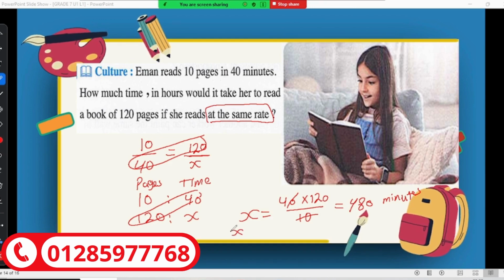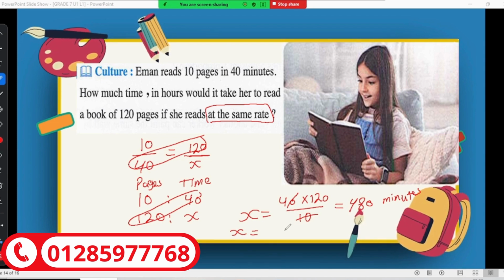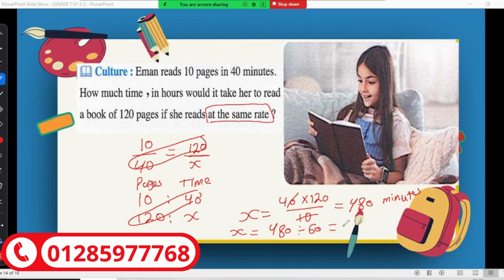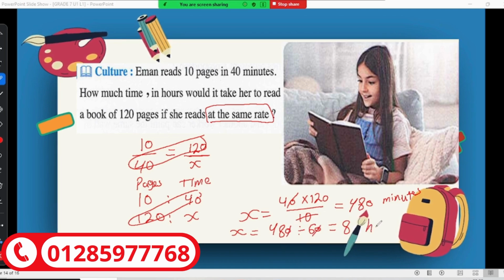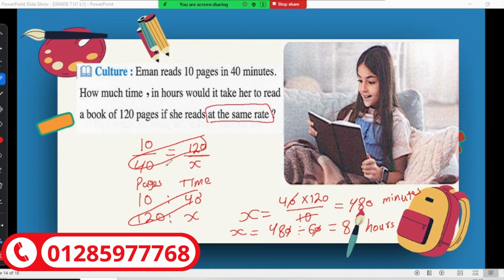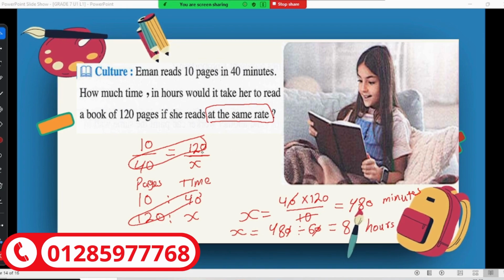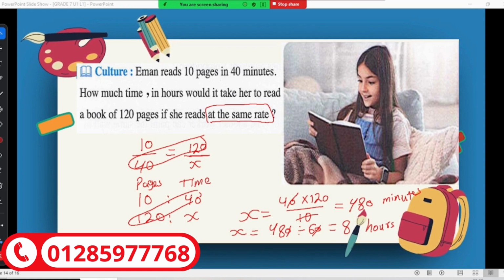So she can read 120 pages in what hours? How can we get the number of hours? 480 divided by 60 equals 8 hours. She can read 120 pages in 8 hours. So we can use the property of proportion here to get the missing number in this proportion.